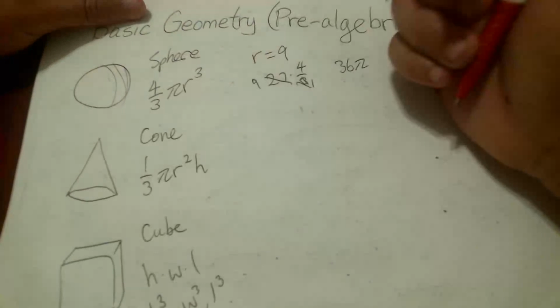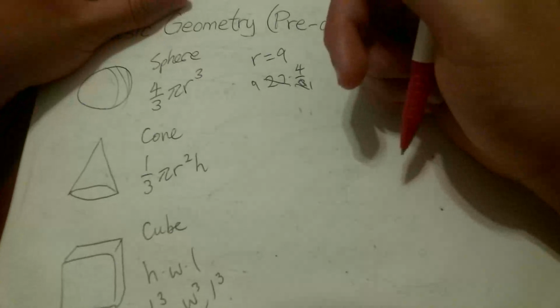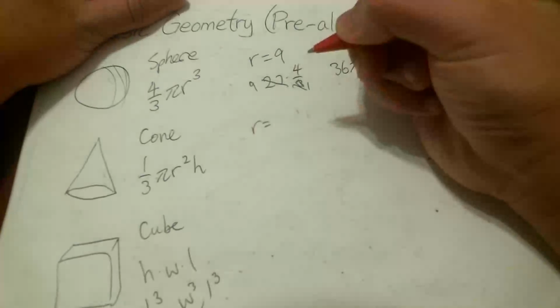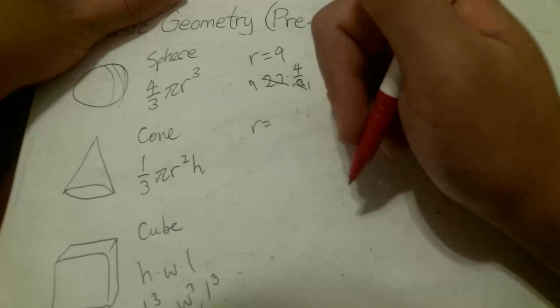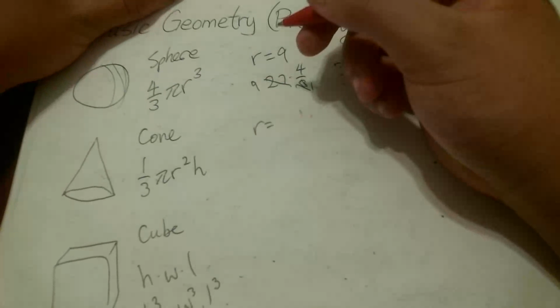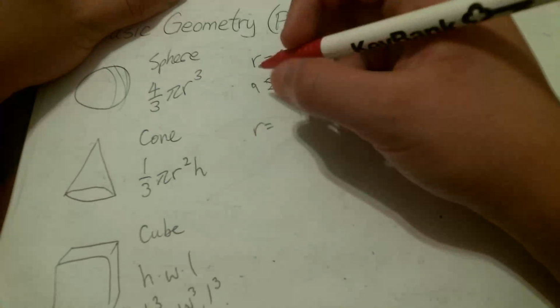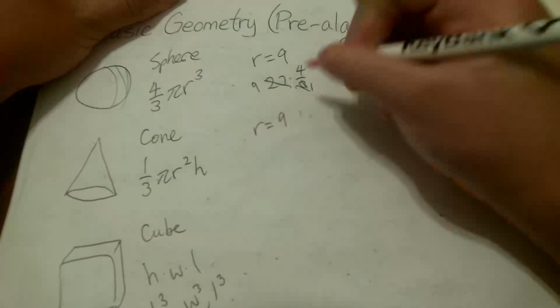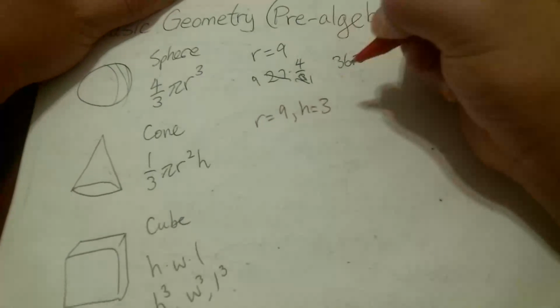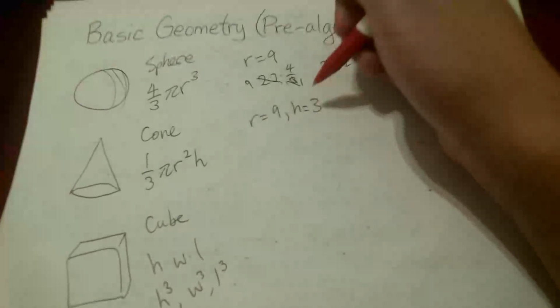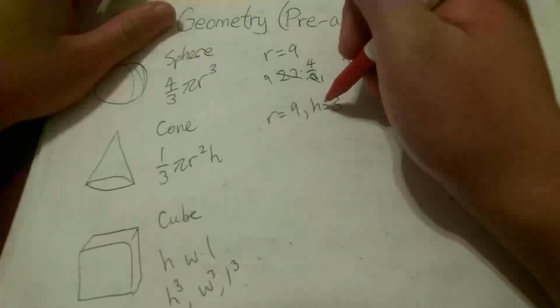So let's move on to the cone. So for the cone, let's say r equals 9, same as this one, with the h being 3. So let's just find the volume for the cone here.